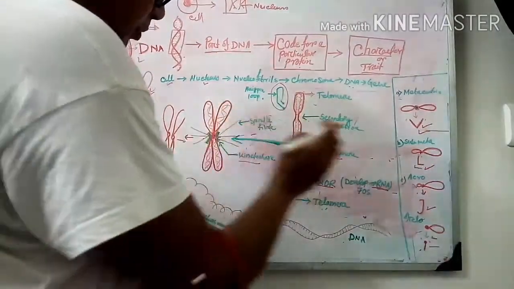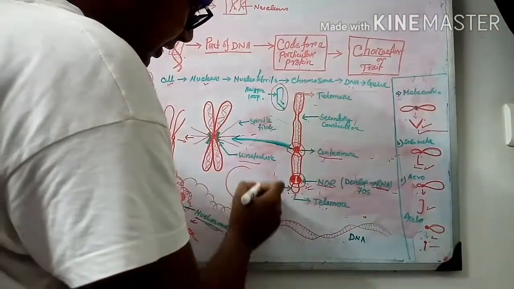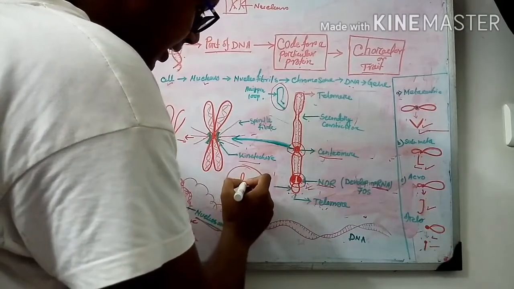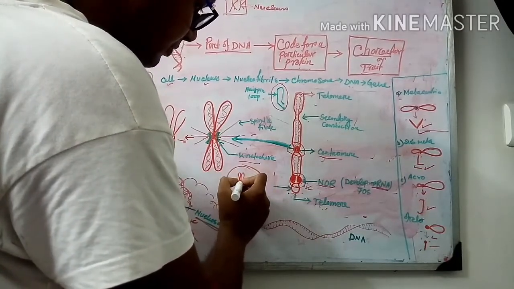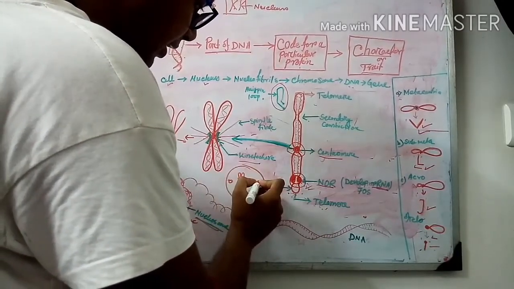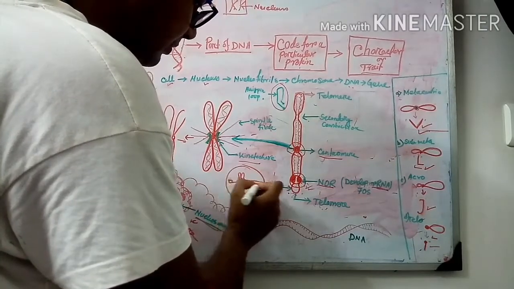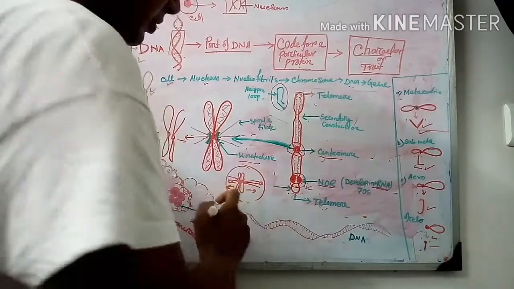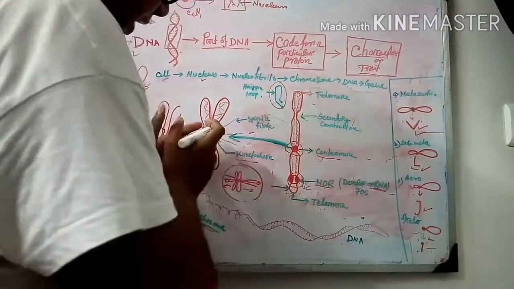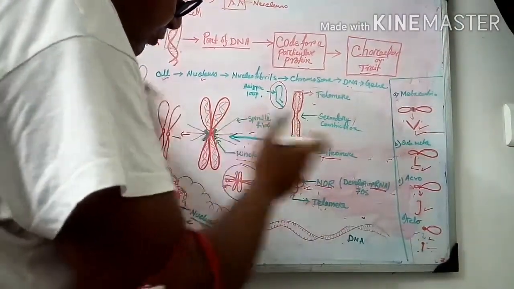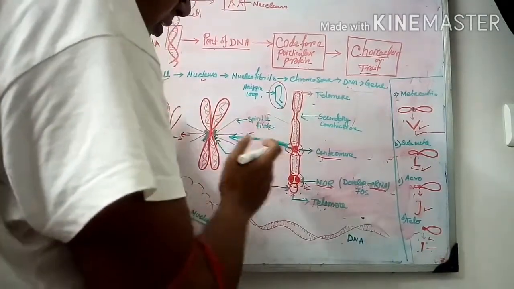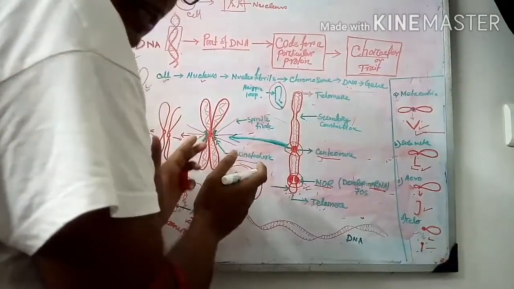During cell division, from the two ends of the cell, this is the kinetochore region, and the spindle fiber will attach in that region, and they will separate. They help to separate the chromatids into different regions of the cell during cell division.